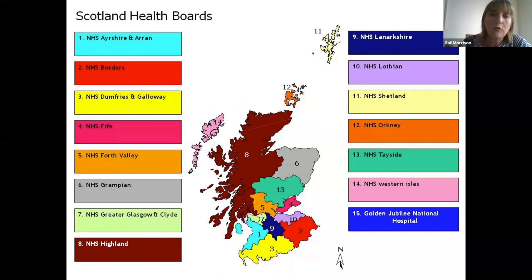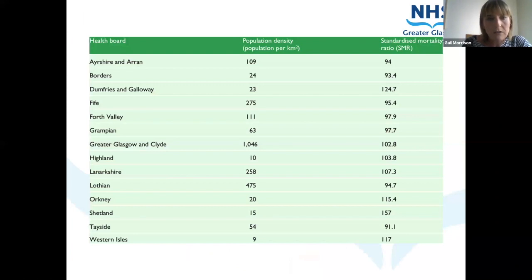They are classed as health boards in their own right. So you can see Greater Glasgow and Clyde is number 7, just down there in the middle, below 5 and below the massive number 8, which is NHS Highland. So as you can see, our geographical area is very, very small. However, our population is massive in relation to that geographical area.